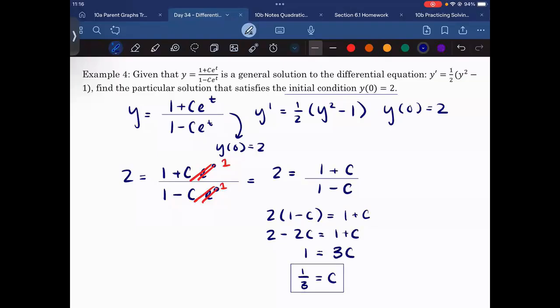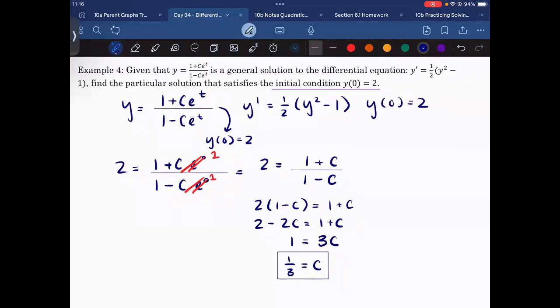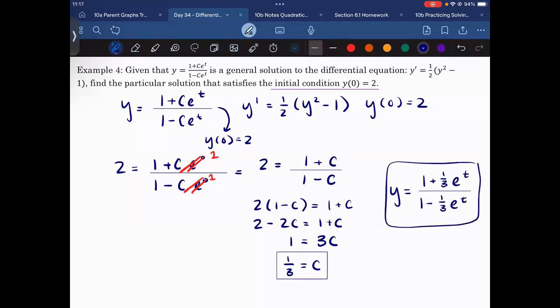Okay, fantastic. Now we found our c value. That was given our initial condition, so we can find a very specific thing, and that means we're going to plug that back in to our y to find the specific function because it was given to us. E to the t. Oh, minus. And we're done.